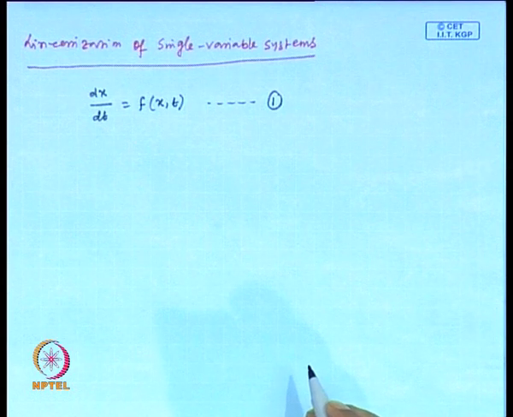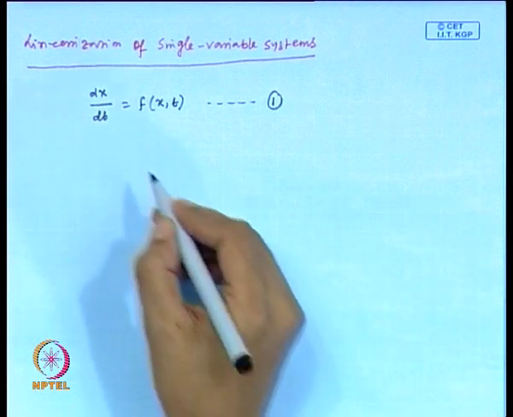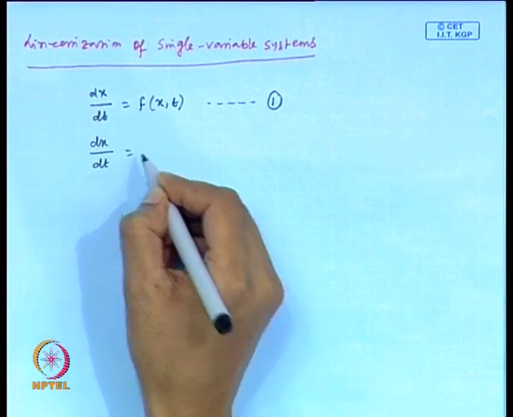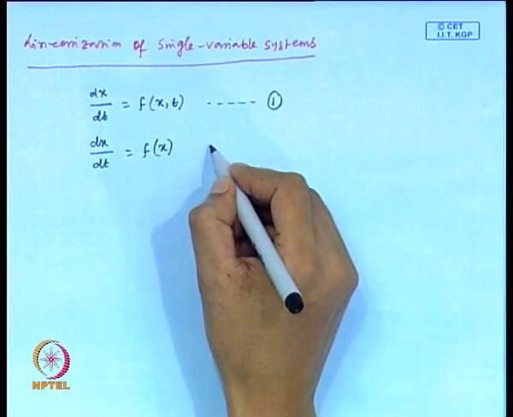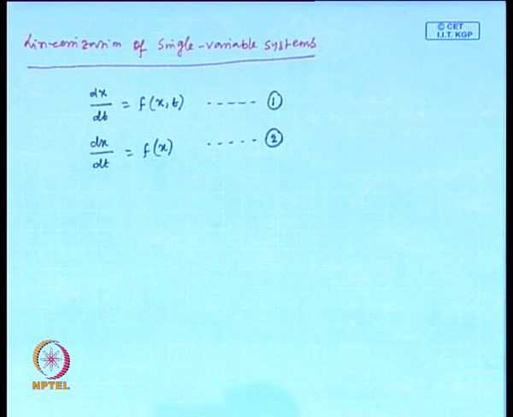Here x is the only dependent variable, and t is the independent variable. That means x also varies with time. So, we can omit the time t within this function. We can write it in this form also. This is, suppose, equation number 2.